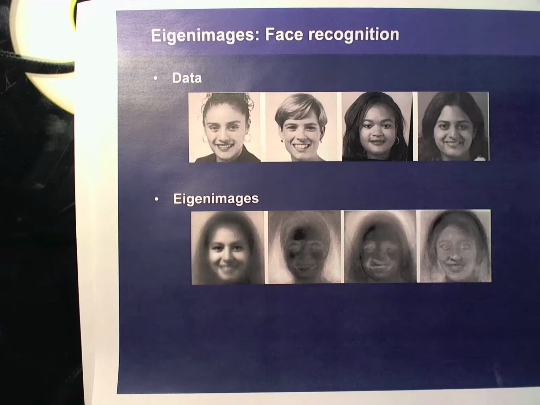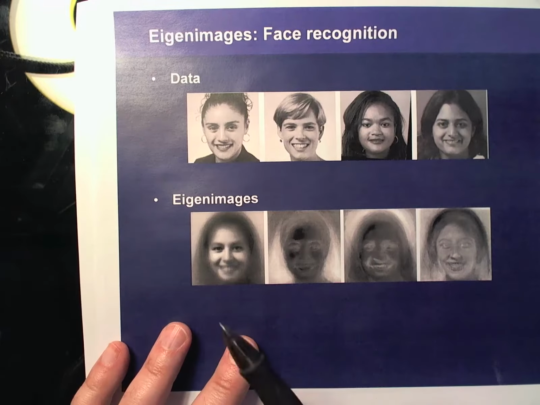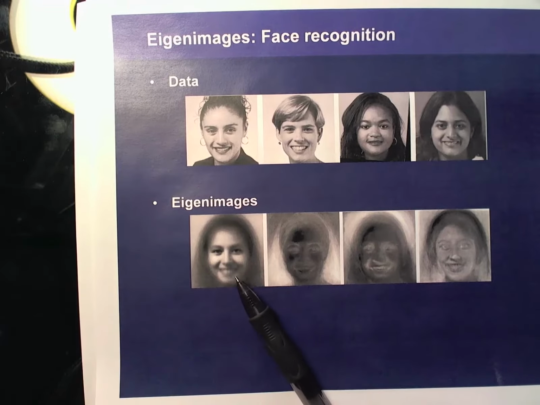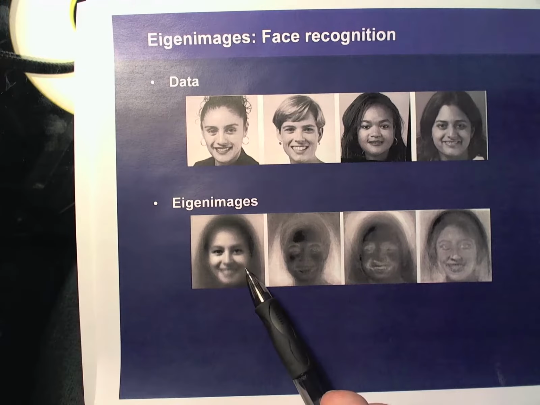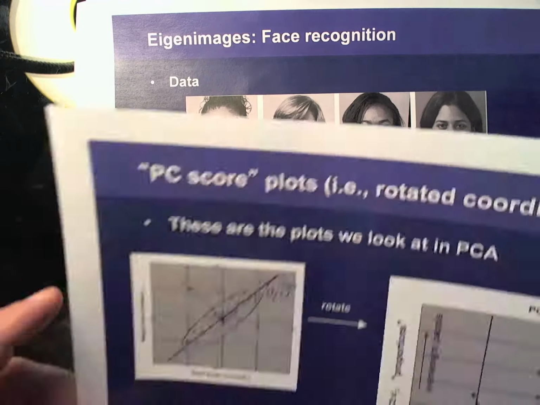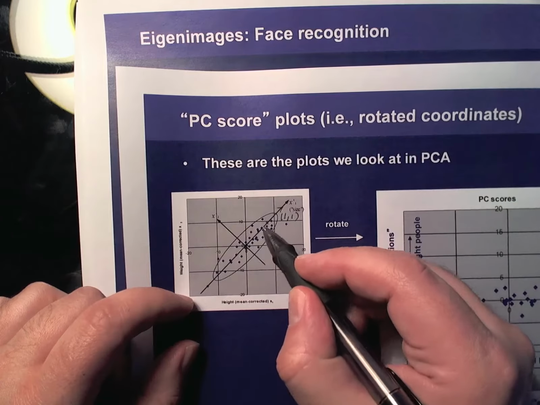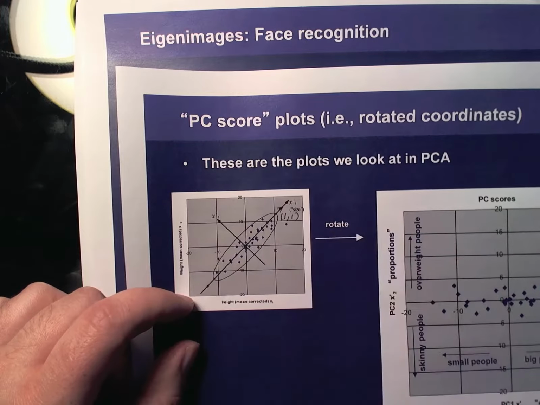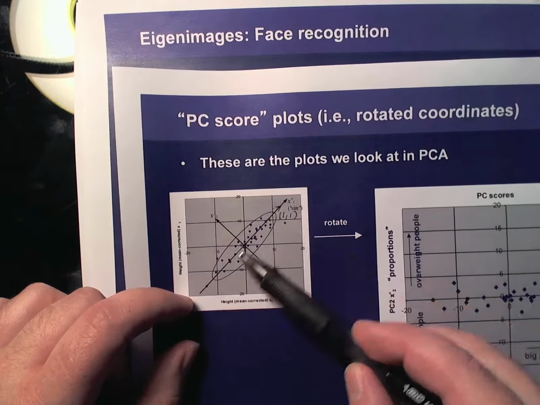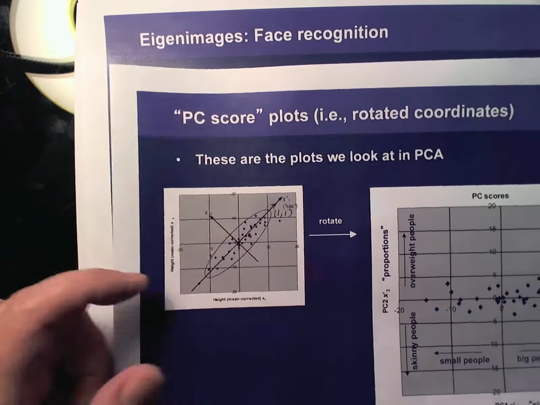Well, indeed, if you do that with pictures of faces, here's what happens. This is the first component. This is really a 1,000,000-dimensional vector that plays the same role as this vector. It's the main one that cuts through most people.